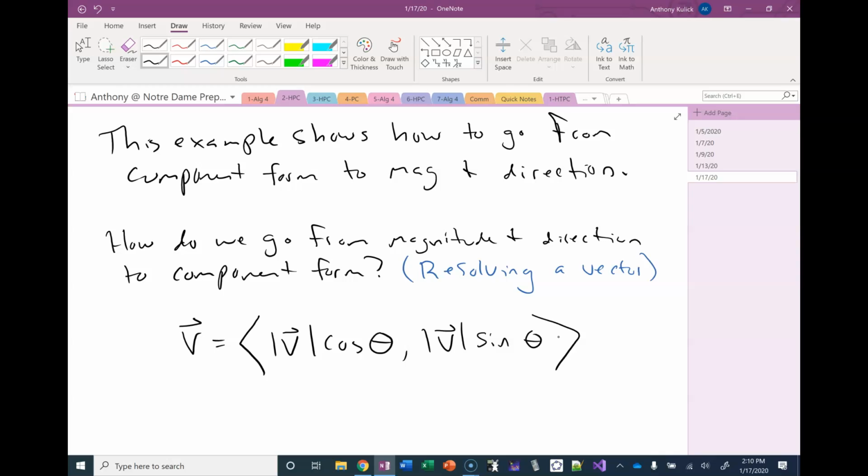When you did your vector story problems in first semester, when you added the vectors, what did we do? We broke them down into a horizontal component and a vertical component, right? How did we do that? We did magnitude times the direction, the standard measured angle, for sine and cosine.